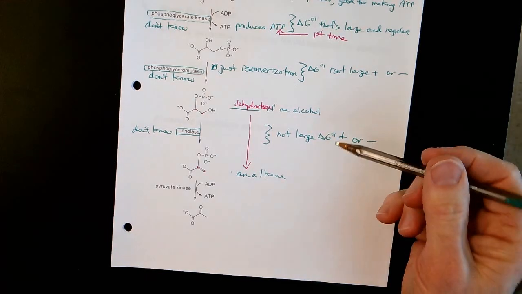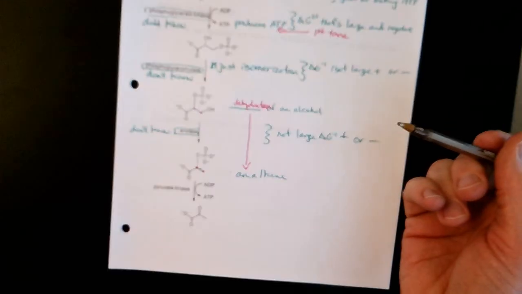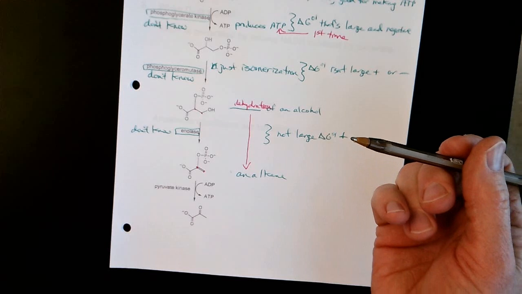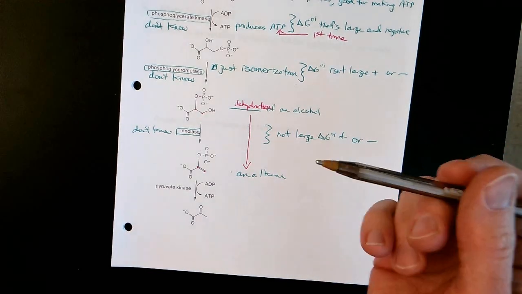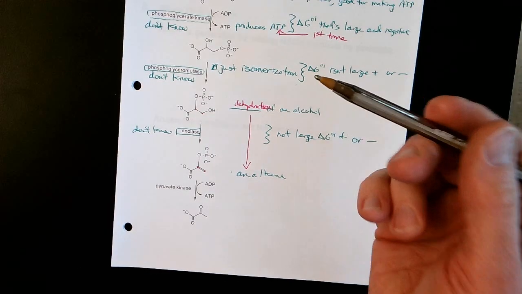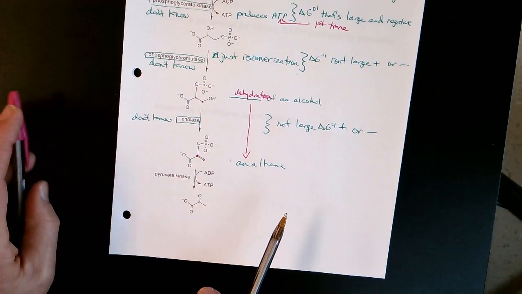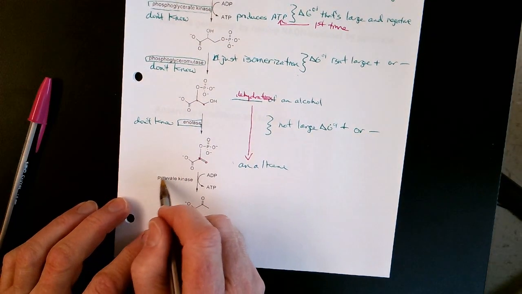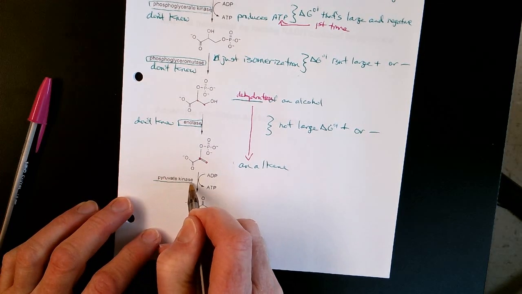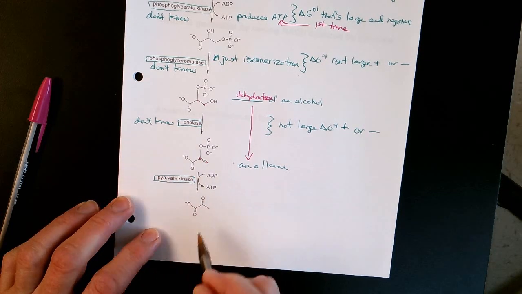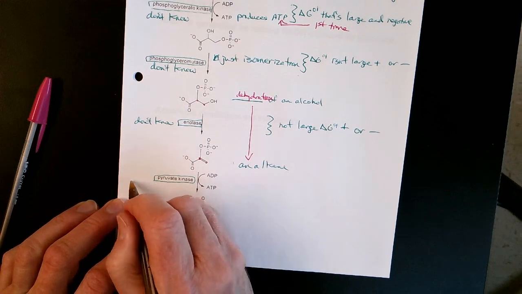Most of the steps in glycolysis really aren't that demanding thermodynamically. There's just a selected few of them, and wouldn't you know, those are the control points. The rest of them are just kind of wishy-washy. And then you finally get down to the final step. You have this alkene going into it, and you do want to know this.